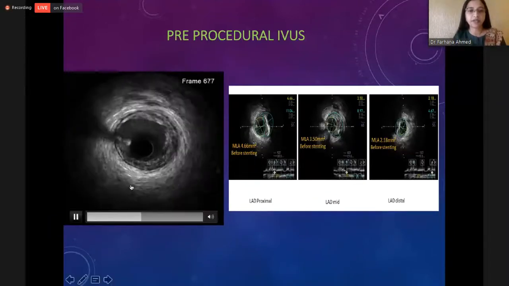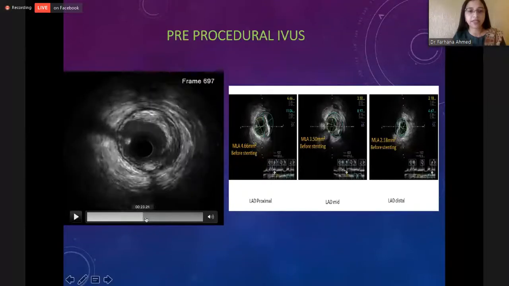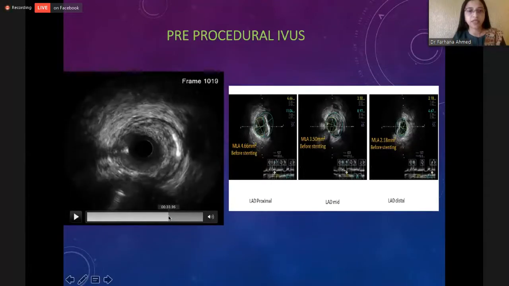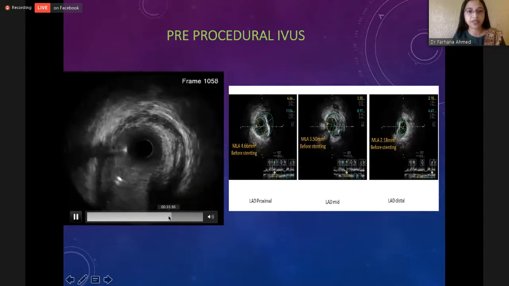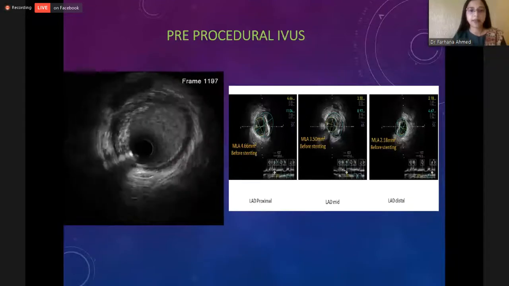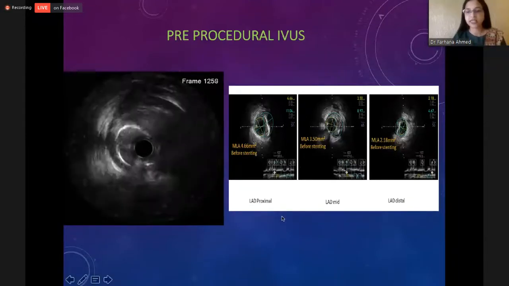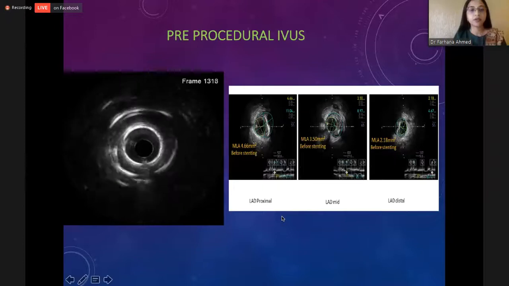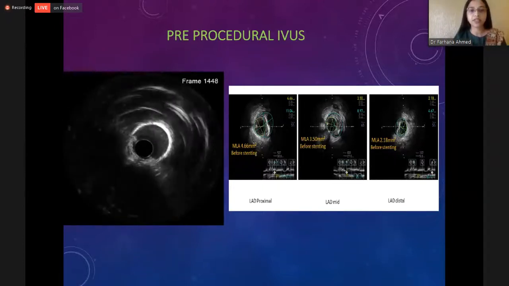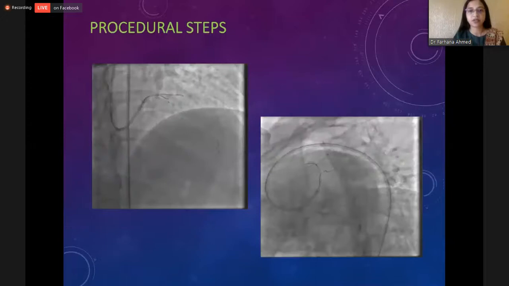But during IVUS pullback, we found that the LAD ostium is also diseased. So we need to take care of the LAD ostial lesions also, besides the mid lesions in LAD. As the left main is disease-free, to prevent unwanted metal load in the left main and unwanted jailing of the LCX, we decided to go for precise LAD ostial PCI in zero contrast.